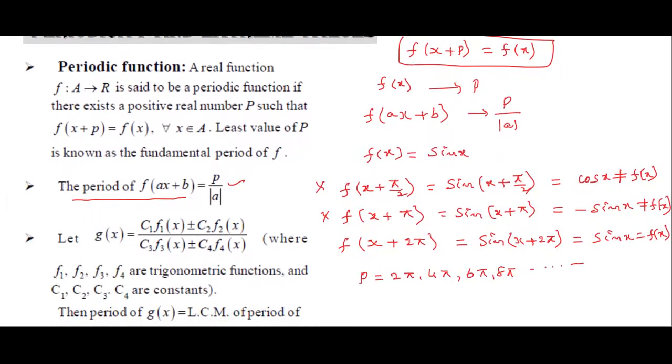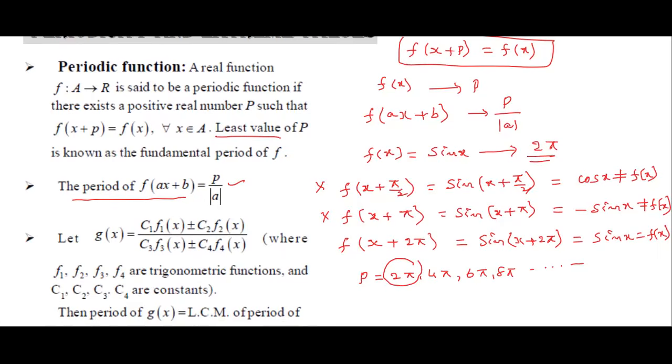Finally, we know that p is the period of the function, and p is the least value. Out of these, which is the least? 2 pi. So finally, the period of sine x is 2 pi. Some standard formulas are there, so we will discuss them later.